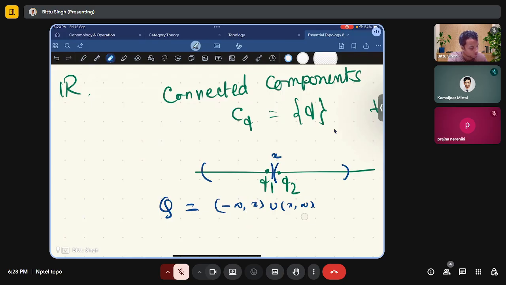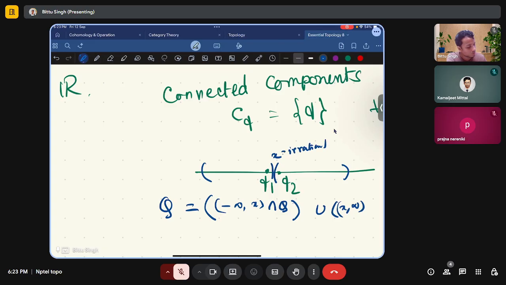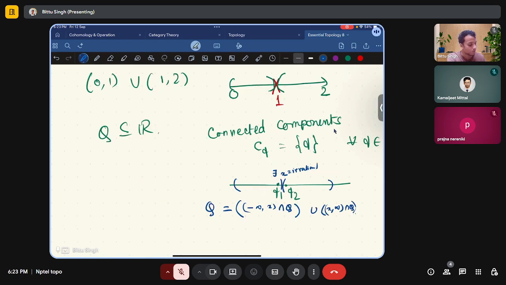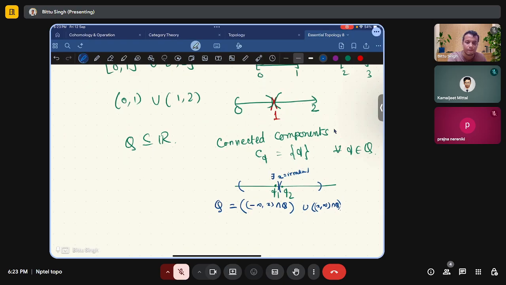This is not strictly correct as written, because Q as a subspace can be written as (minus infinity, x) union (x, infinity), where x is an irrational number in between q1 and q2. There exists such an irrational, this is always true, intersected with Q. And you can see those two are open by definition, right?